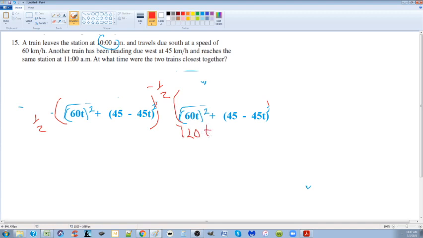And I actually have to be careful here because that's not actually 60. That's actually 60 squared. So it's 60 squared times t plus 2 times 45 minus 45t, and that lowers by 1, times minus 45.